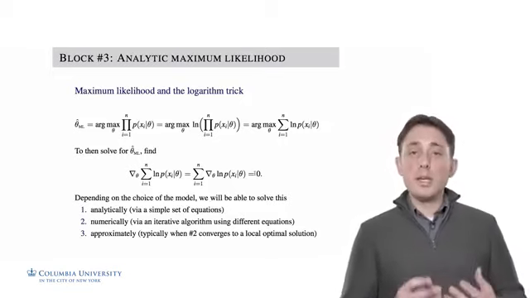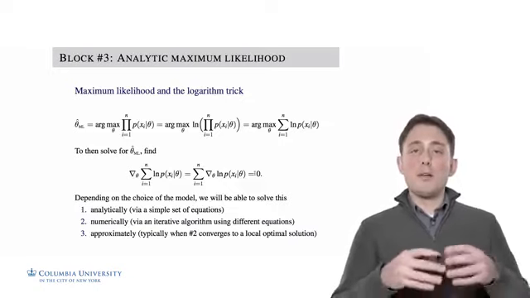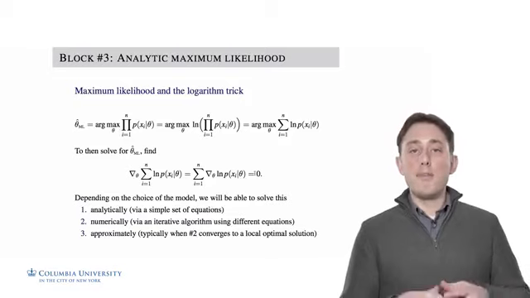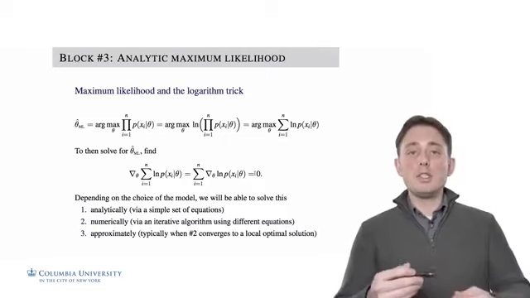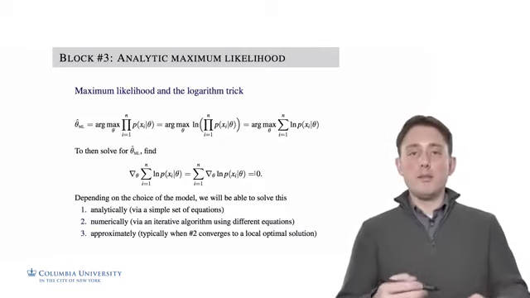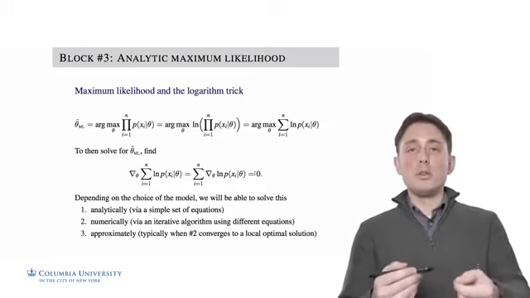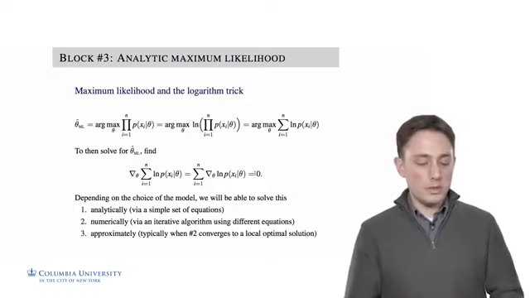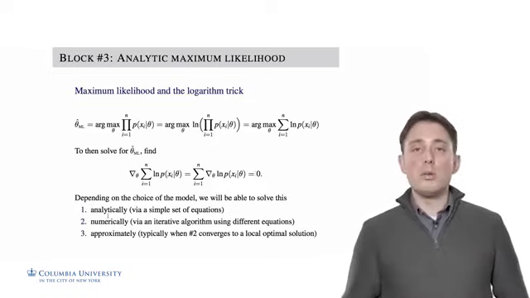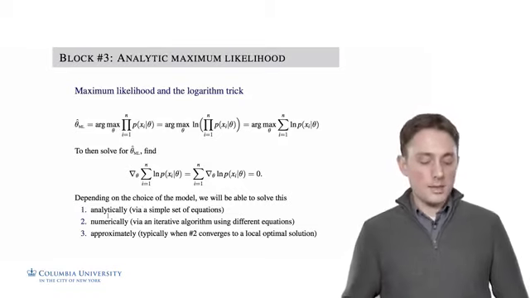We have to use an iterative algorithm such that even though we can't find the value of theta that maximizes, or in some cases minimizes, our objective function, we can have iterations where we're continually modifying the value of theta, and each modification is getting us closer and closer to the solution, and it'll finally converge to the solution. So these involve numerical algorithms. We'll discuss several of these in this class.